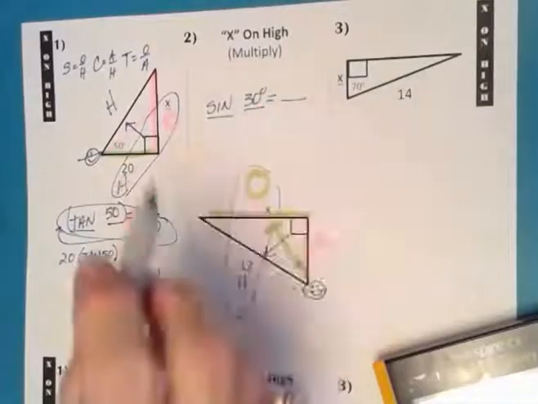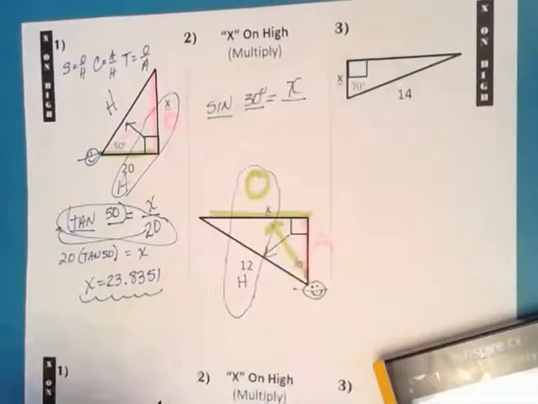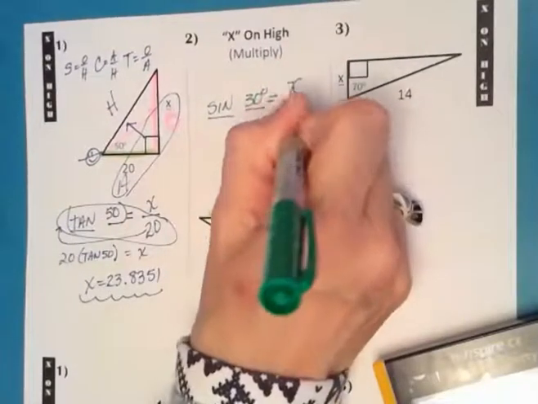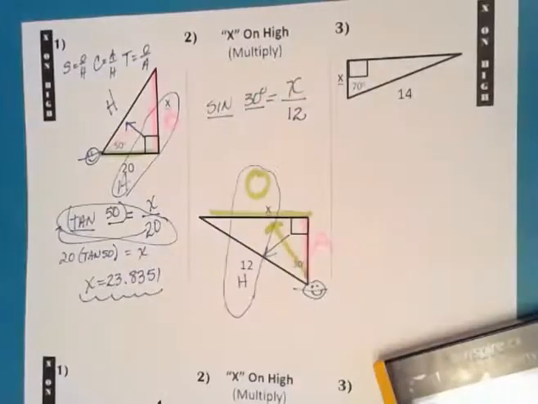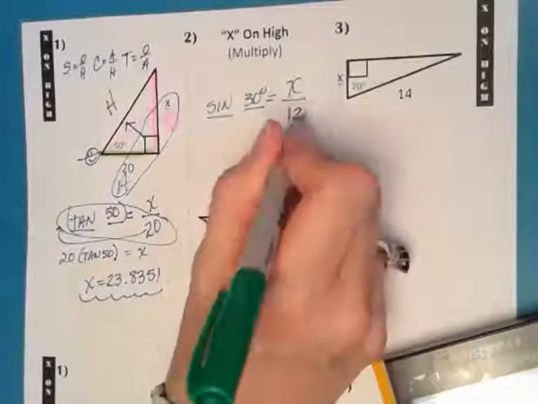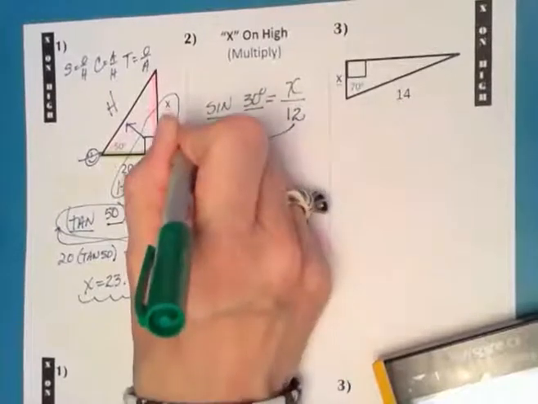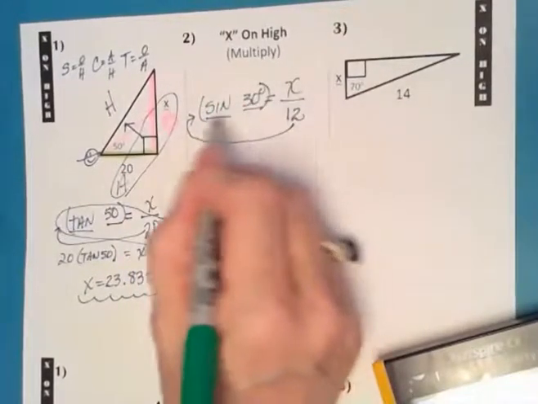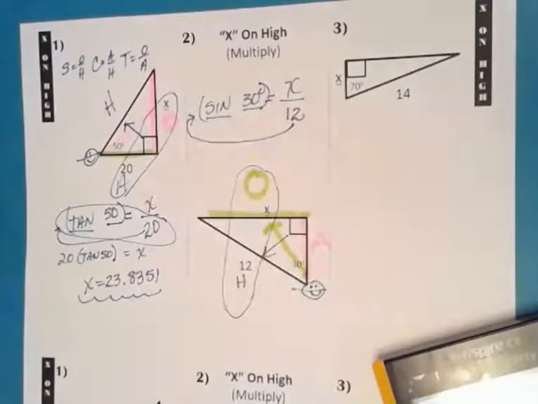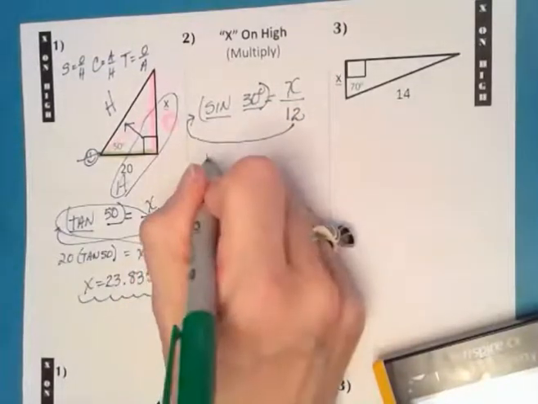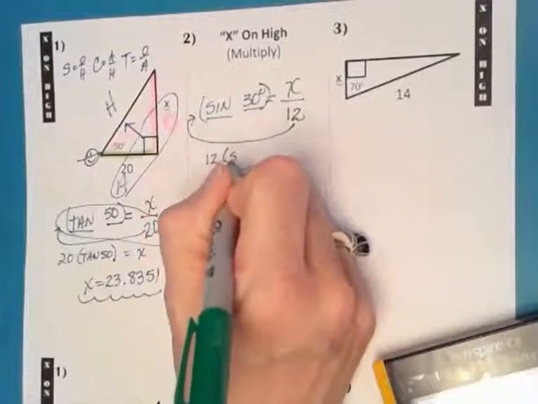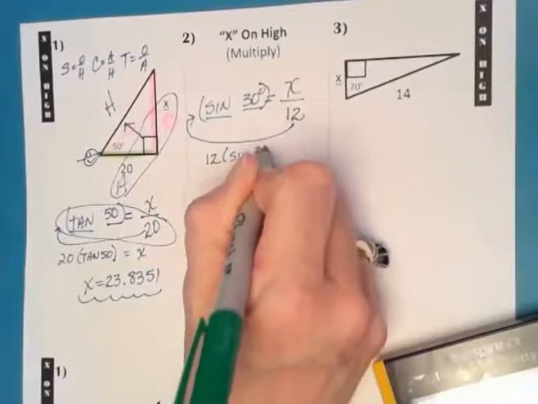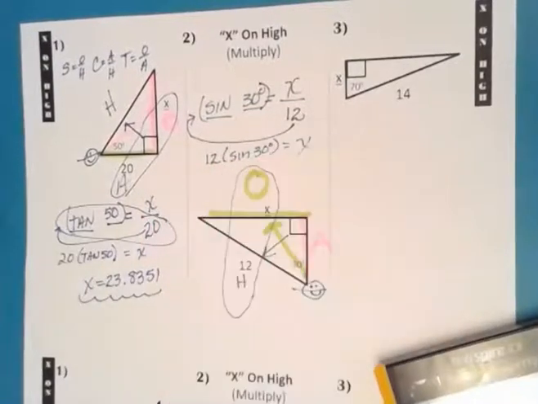So over here, my x goes up in the numerator. My 12 is there. And every time x is on high, we're going to multiply times this value stored originally on a chart when I was in school, now on your calculator. So you'll do 12 times sine 30 to get your x.